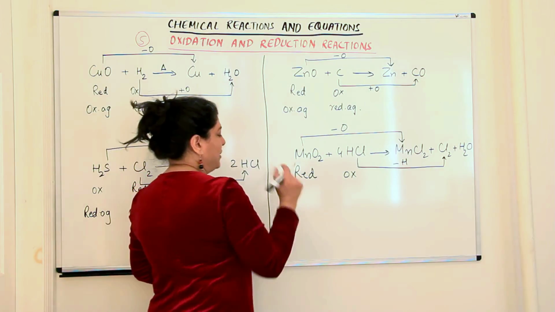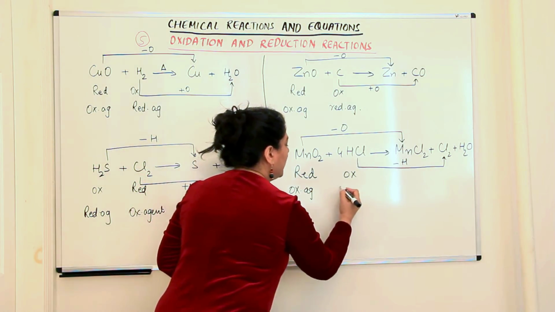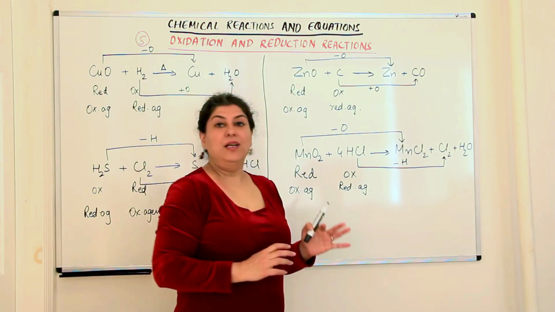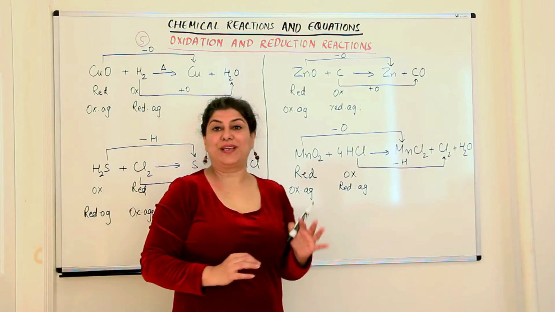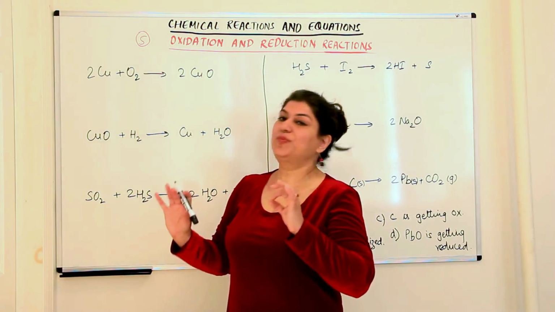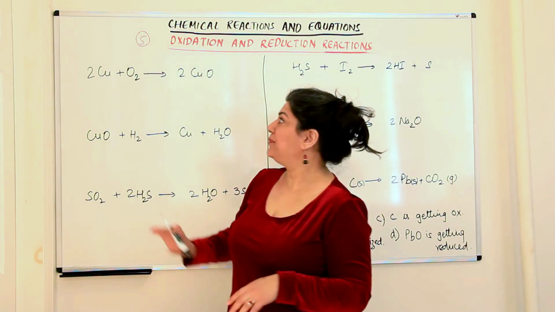So whatever got reduced would act as the oxidizing agent, and whatever got oxidized would act as the reducing agent. So I will write 4 more problems to explain this further. Let us now solve 6 more equations and identify the oxidizing and reducing agents in them.